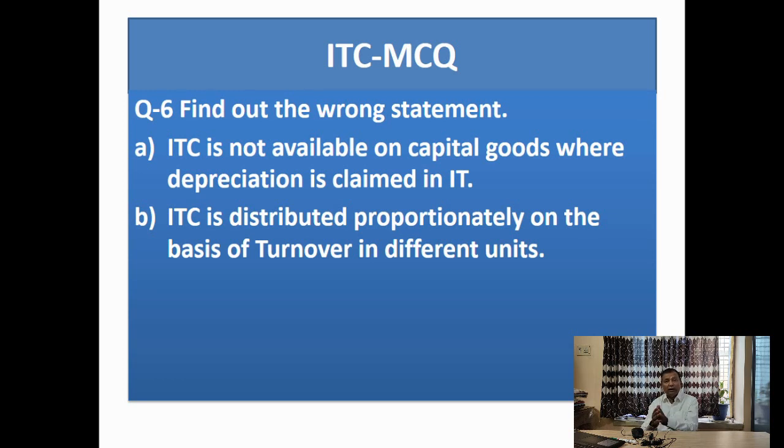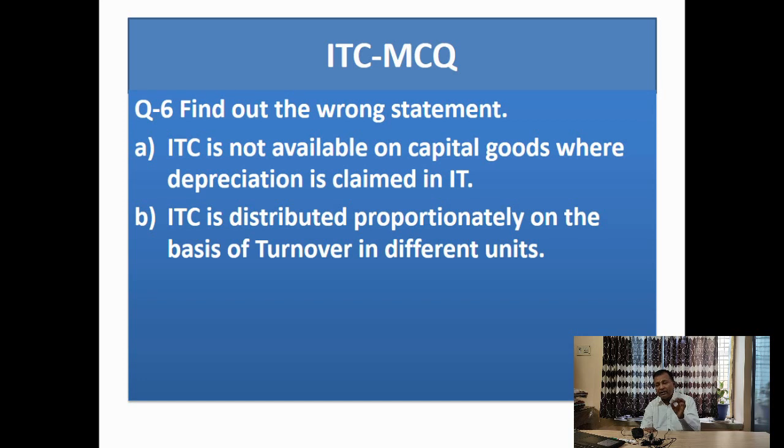When you claim depreciation as per IT on a particular capital asset, ITC is not available for use. This is a correct statement. ITC is distributed proportionately on the turnover. This is also correct. Friends, then another third option.